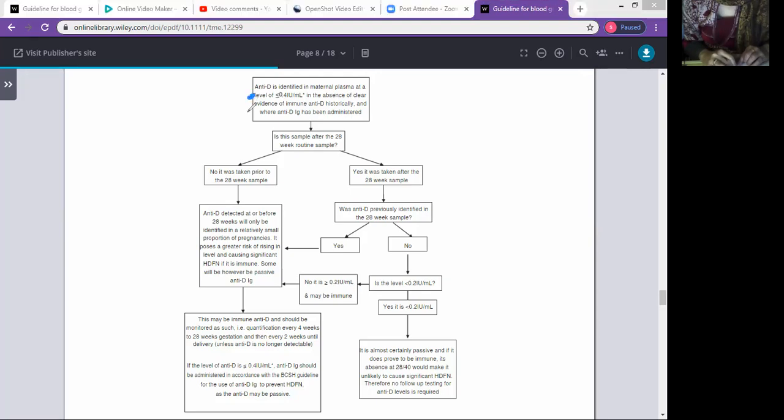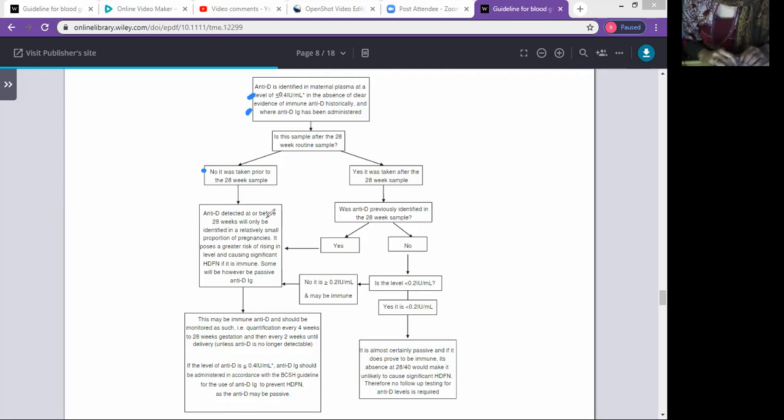Then also whether the sample is taken before 28 weeks. If the sample had been taken before 28 weeks, that would also suggest more likelihood that the antibody is immune in nature, and that it will rise during the course of pregnancy, and therefore may put the fetus at risk.